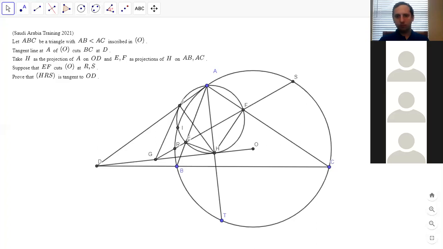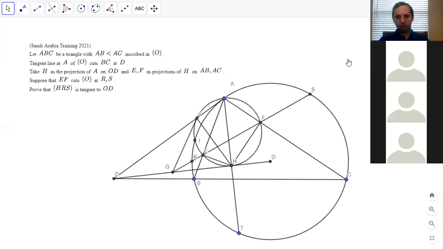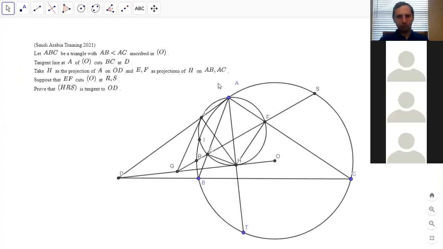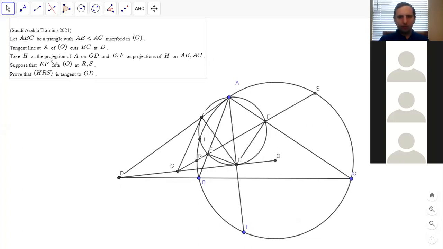After that, we need to prove G, I, and A are collinear, right? Yeah, which is similar to proving that J, I, H, and A is a harmonic quadrilateral, right? Yes. So we define I as the circle AEF cut circle ABC, right?